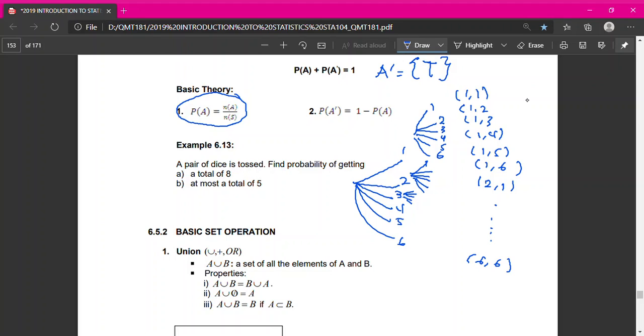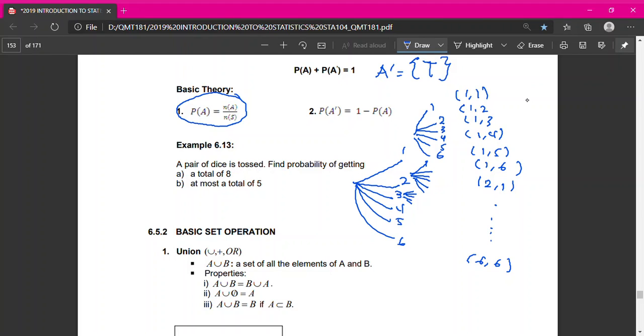Semua sekali ada berapa? 6 kali 6, semua sekali akan ada 36 outcome. Okay. So, dia tanya, find the probability of getting a total of 8. So, maksudnya you kena gabungkan kedua-dua ni. Setiap pasangan ni, totalnya 8. You sumkan the first toss dengan the second toss. Jawapannya adalah 8.